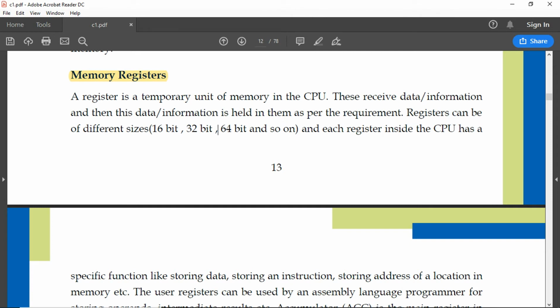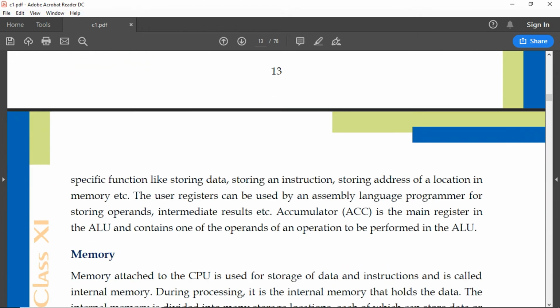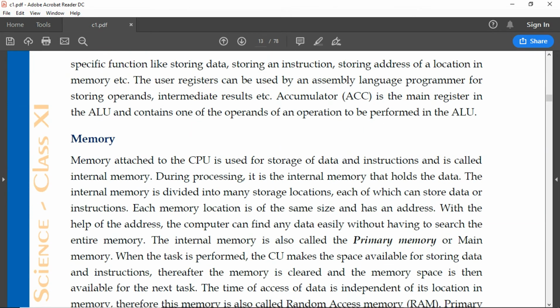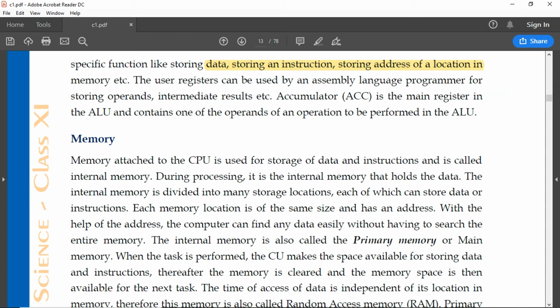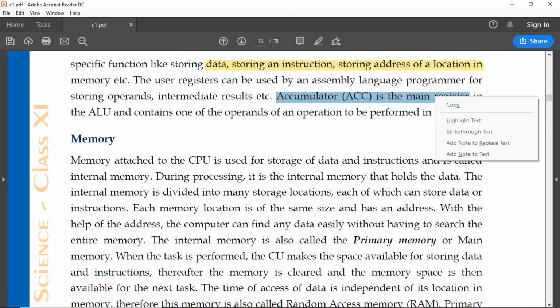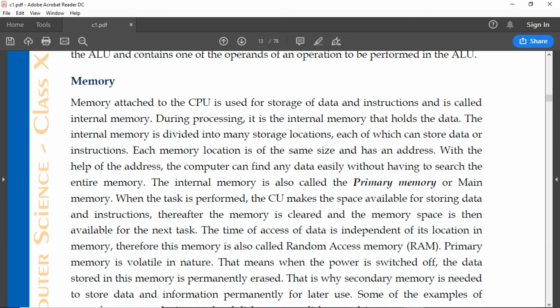Registers can be of different sizes, 16-bit, 32-bit, 64-bit, and so on, and each register inside the CPU has a specific function like storing data, storing an instruction, storing address of a location in memory, etc. The user registers can be used by an assembly language programmer for storing operands, intermediate results, etc. Accumulator, ACC, is the main register in the ALU and contains one of the operands of an operation to be performed in the ALU.